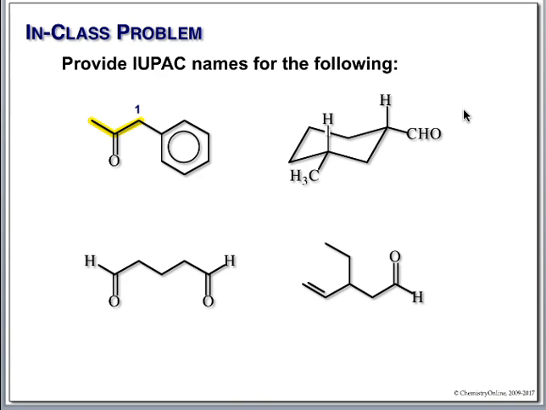Now the 3-carbon thing is going to be a propanone, basically acetone. Except in carbon number 1, we have a phenyl group. So we could call this 1-phenyl-2-propanone.